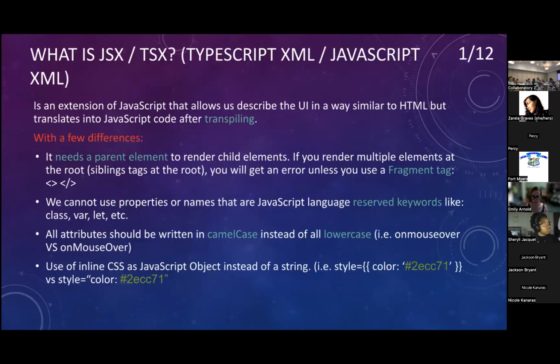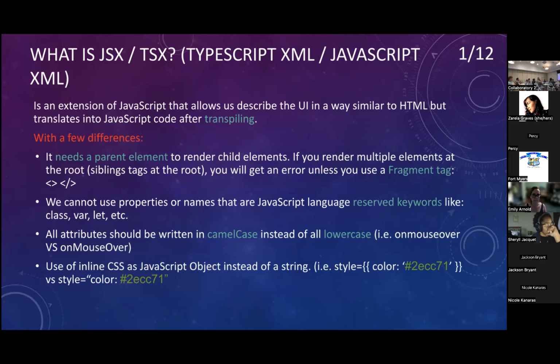So first of all, what is a JSX TSX? You're gonna see code very similar to HTML inside a React component when you're outputting the component code, the structure, but it's not HTML.